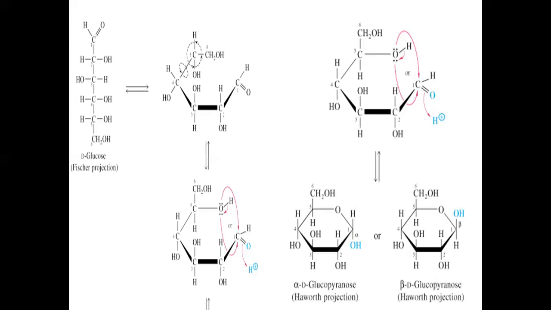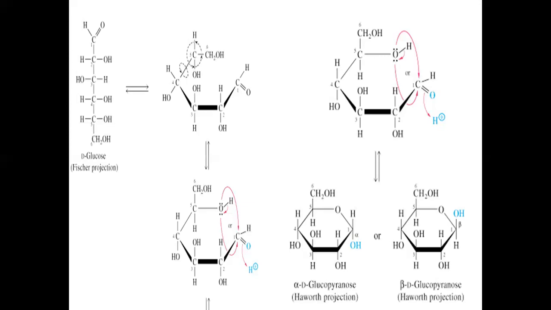So this test will give a color change when a metal is reduced to the metal itself or to an ion of lower oxidation state. So the reagent will oxidize the sugar, or the sugar reduces the oxidation state of the ions.